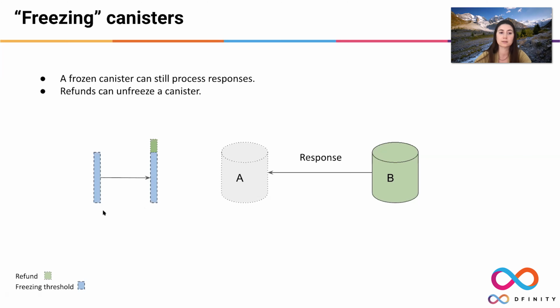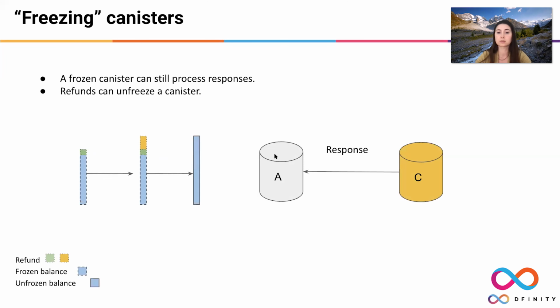Here is the transition of the balance of canister A. Initially it is this one, marked as the freezing threshold. Then with the refund on top, the balance of canister A has increased. However, this might not be enough to unfreeze the canister, but another response from a different canister, or the same one, can add another refund on top.